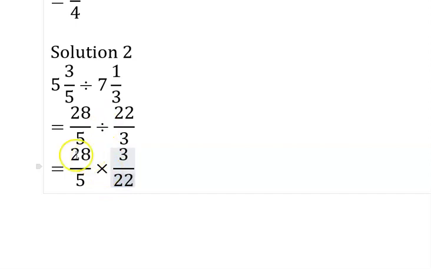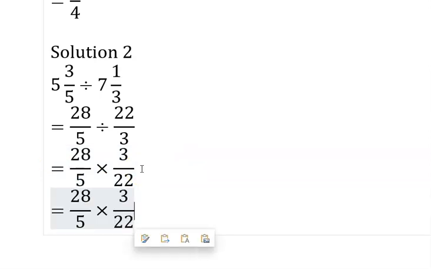So now we can multiply the numerators and denominators, or let's cut into smaller numbers to make our job easier. Let's see what we can use to cut. Okay, 2 can cut.